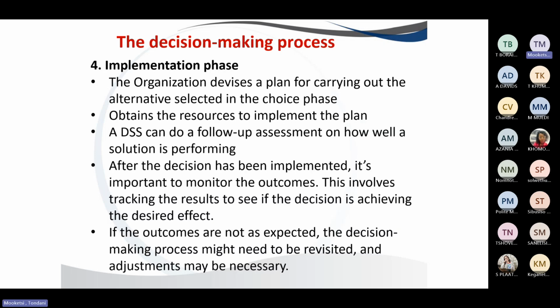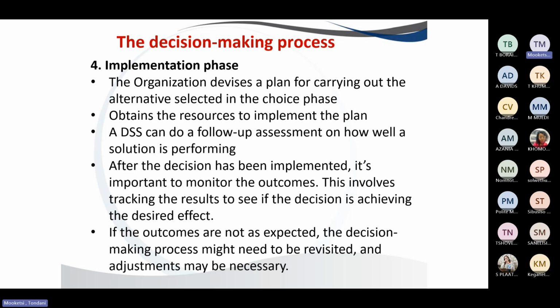In the implementation phase, the organization devises a plan to carry out the alternative that was selected in the choice phase. So they obtain the resources to implement the plan. So if Pick n Pay has decided they want to open a new store in Botswana, then they need to implement that plan.